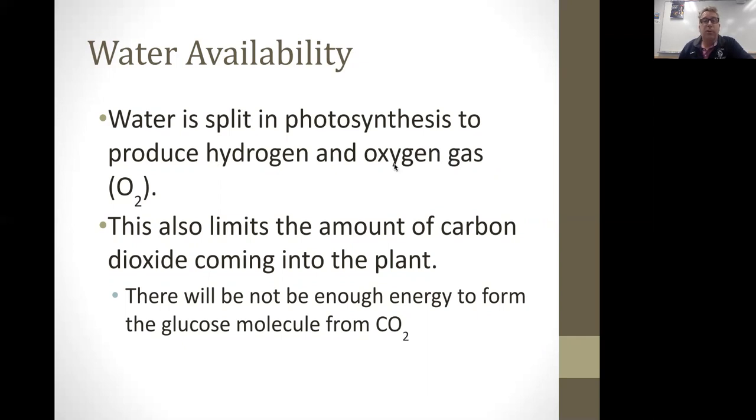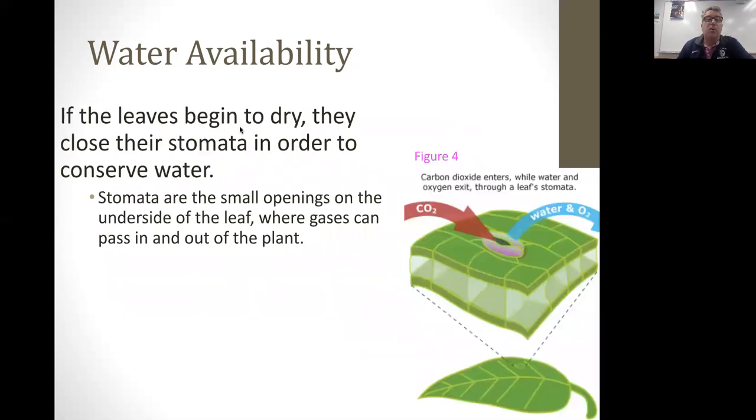Water is split in photosynthesis to produce hydrogen and oxygen gas, so oxygen is released. This also limits the amount of carbon dioxide coming into the plant. There will not be enough energy to form the glucose molecule from carbon dioxide. Okay, so if the leaves begin to dry, they close their holes. These holes on the bottom of leaves are called stomata.